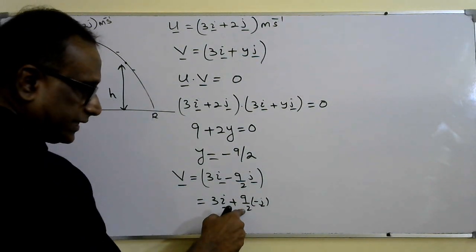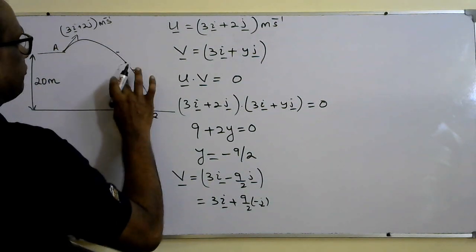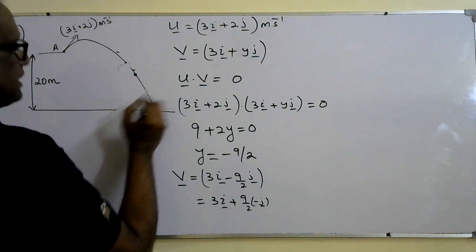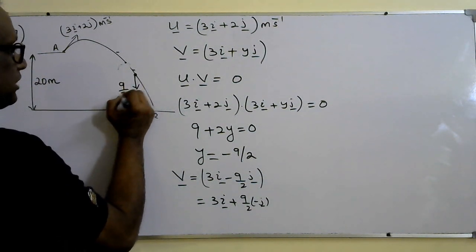When the vertical component of velocity becomes 9/2, what is the displacement? I can find the displacement vertically down. Somewhere here, when it comes to this position, its vertical velocity component is 9/2.